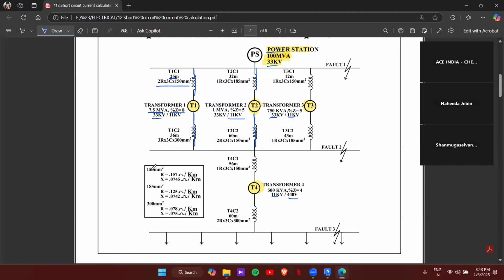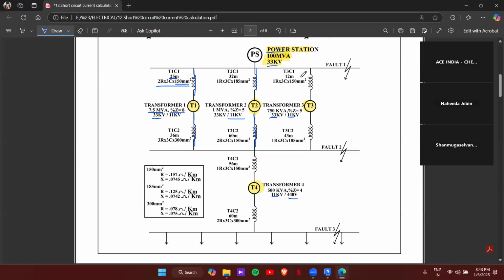The resistance is given in ohm per kilometer. For example, for a 150 mm square cable, the resistance value is 1.157 ohm per kilometer, and the reactance value is 0.0745 ohm per kilometer.